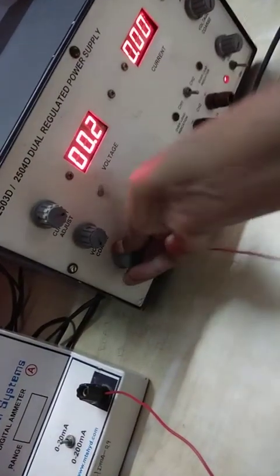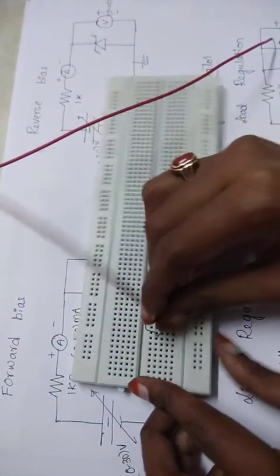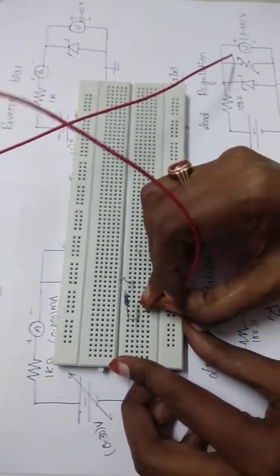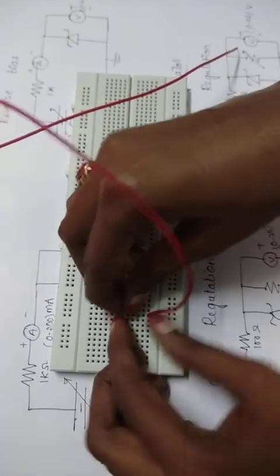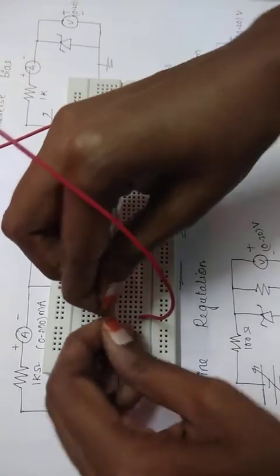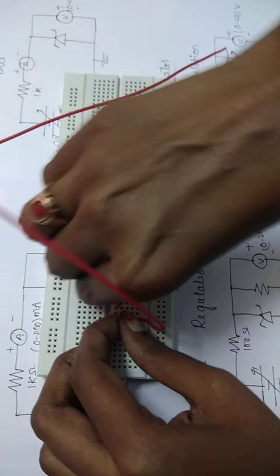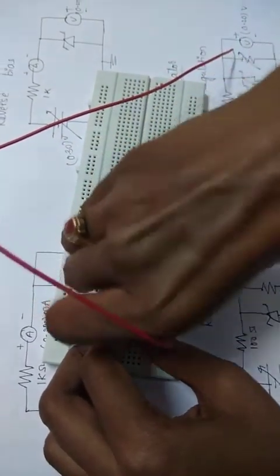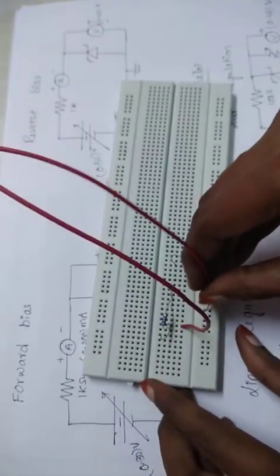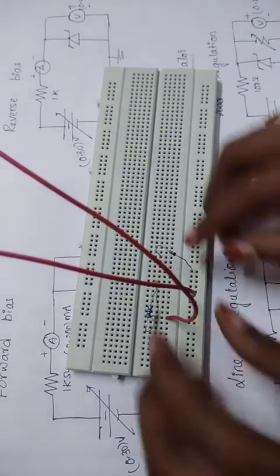I am connecting the positive terminal of the RPS to the first end of the 1 kilo ohm resistor, and the negative terminal to the ground, on the same horizontal line.